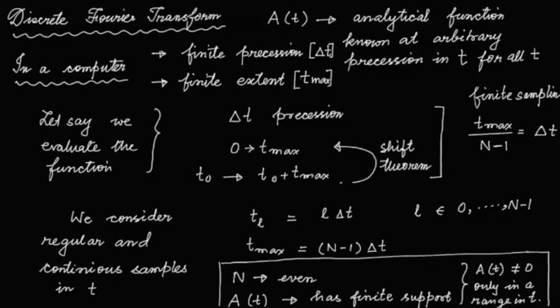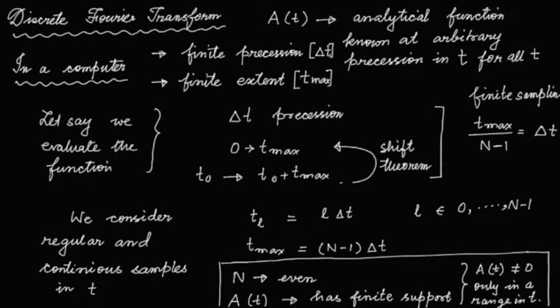What exactly sampling means we will talk about later, but we are just evaluating the function between 0 to t max only, and we are assuming for the time being that the function is non-zero between 0 to t max. Everywhere else it is supposed to be 0, so there is no contribution from anywhere else.